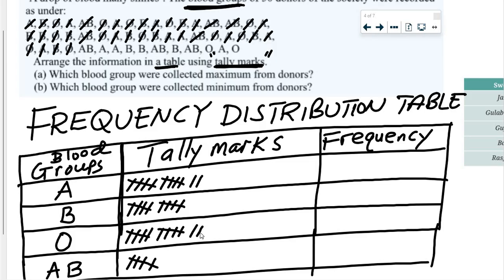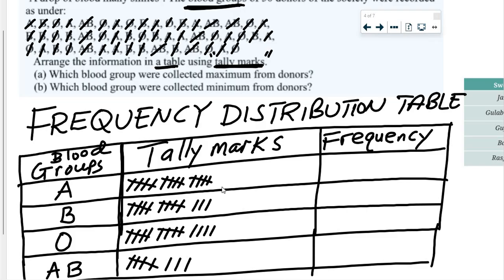O, AB, A, B, AB, AB, O, A, make a bundle. O, you have O here.